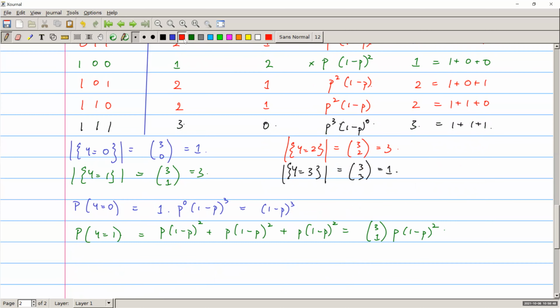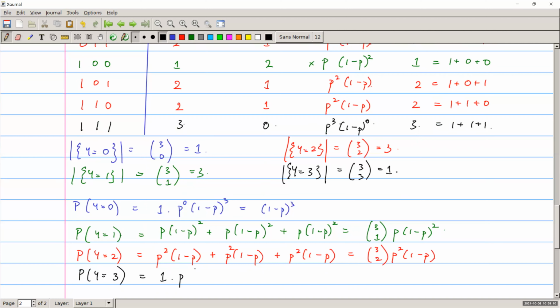Then in the same way, the probability y equals 2 will be p squared times (1 minus p). And finally, does this make sense?